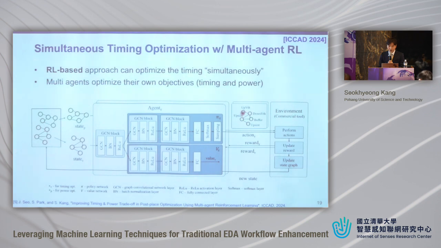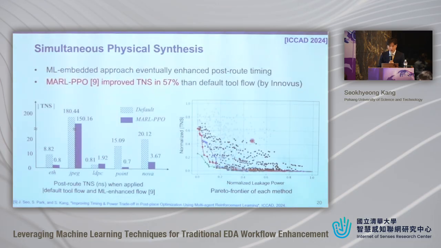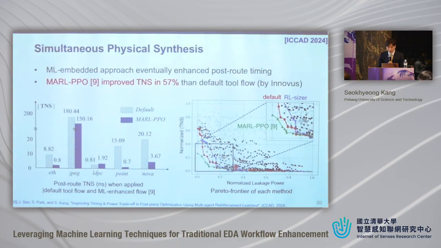We upsize or downsize, or VT swap, or buffer insertion. And after that, we could improve the results. If you see the Pareto frontier graph, the x-axis is power consumption and the y-axis is normalized TNS, the timing violation part. Lower is better, and our approach is much better than the previous works.